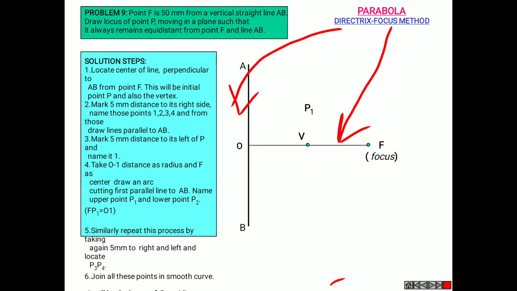Now from the right towards V, mark some points 1, 2, 3 and 4, which may not be equidistant, and draw some vertical lines which are parallel to the directrix.